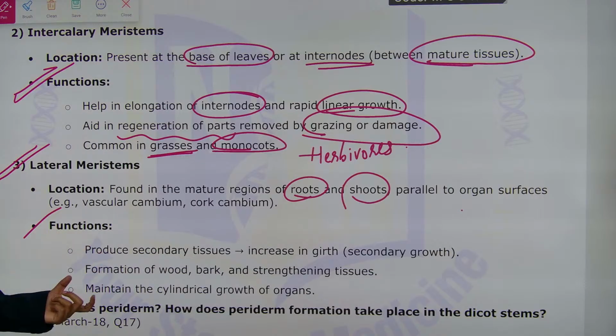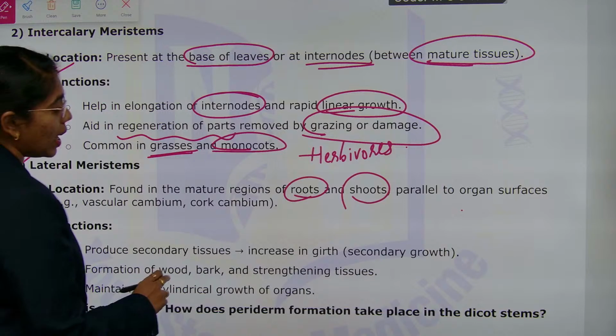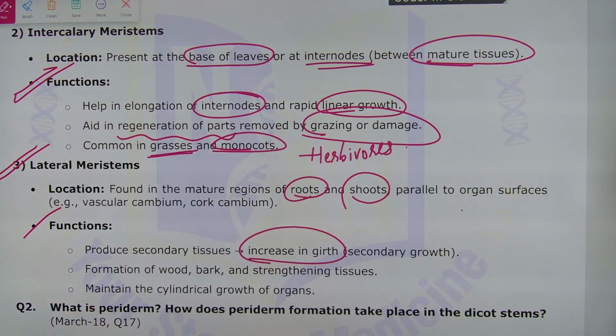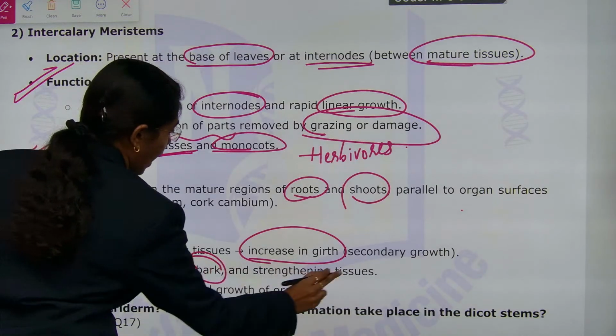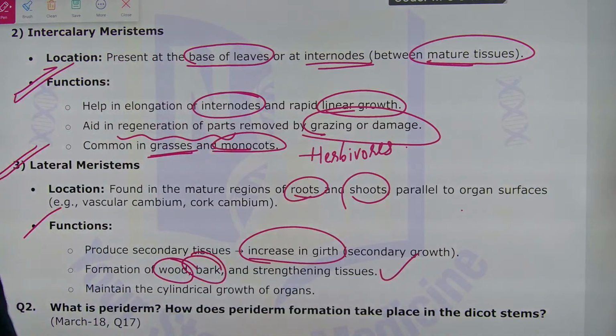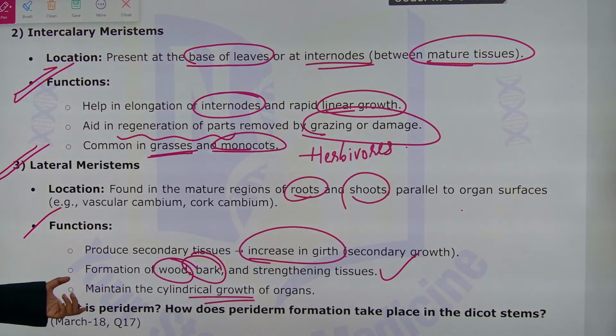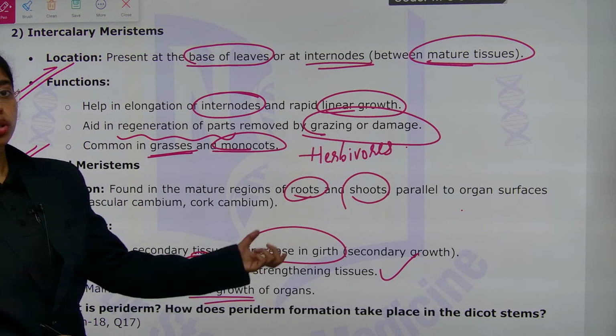They produce secondary tissues, which help in the increase in growth of the stem, that is secondary growth. This helps in the formation of wood and bark, and strengthens the tissues. They also maintain proper cylindrical growth of the organs.